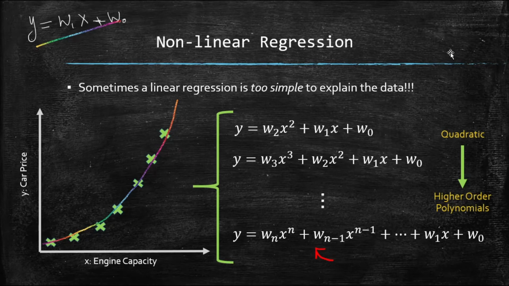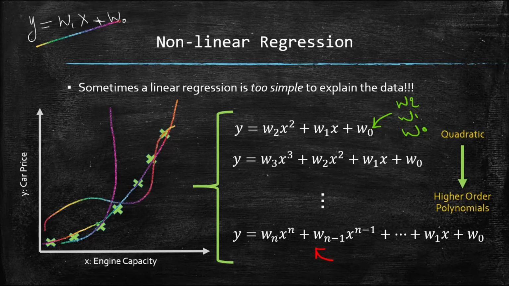And in this case, the parameters of my model are W2, W1, and W0. So you want to find the best curve. You don't want to see a curve like this or a curve like this. No, you don't want to go there. You want to find a nice, clean, neat curve that would pass through your data the best way possible.